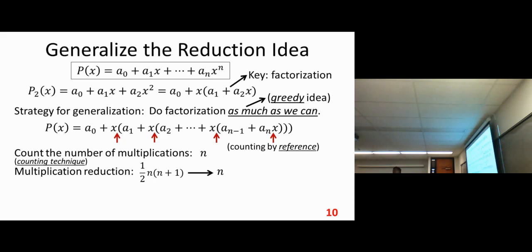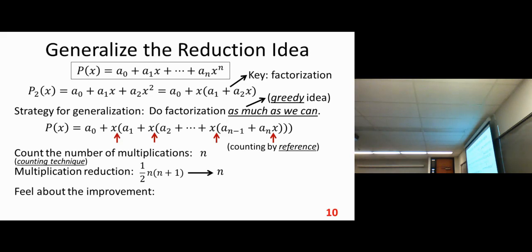Here you see two formulas. Definitely this expression is much smaller than that one, but do you have an idea how much smaller? We want to get some feel about this improvement.